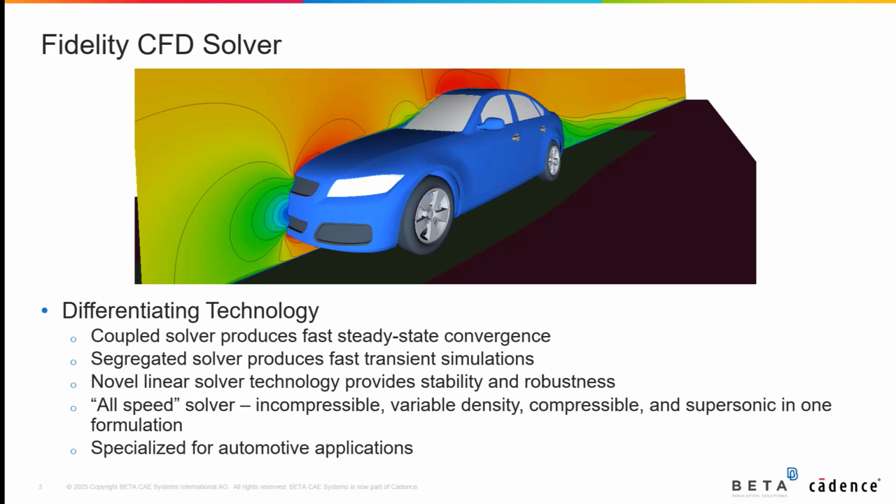It has a coupled solver that produces fast steady-state convergence, a segregated solver for fast transient simulations, a novel linear solver technology that provides stability and robustness. It is an all-speed solver for incompressible, variable density, compressible and supersonic flows, all in one formulation, and it is specialized for automotive applications.